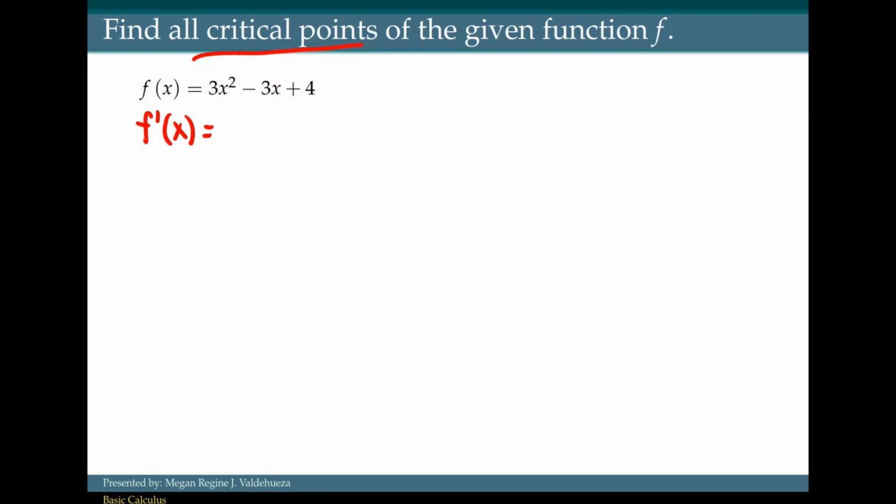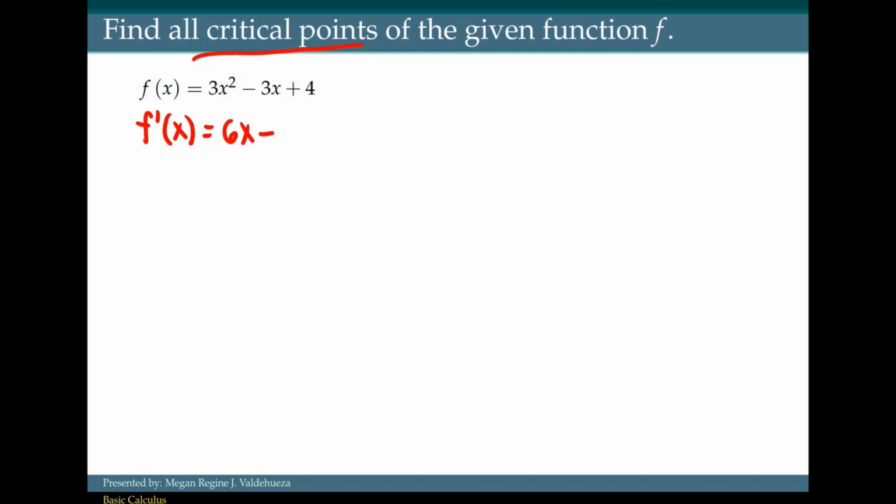That is 3 times 2, that is 6x, 2 minus 1, so we have 1 here. Or understood that it has a power of 1.